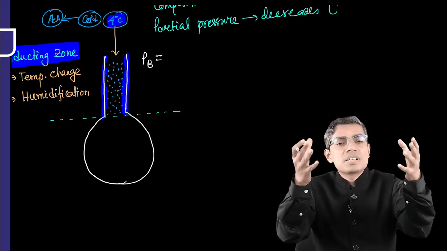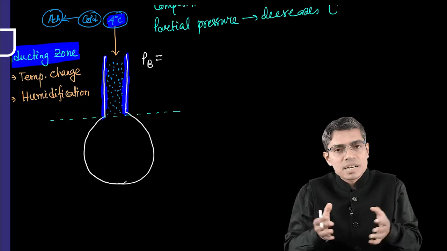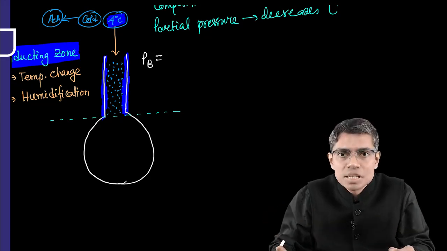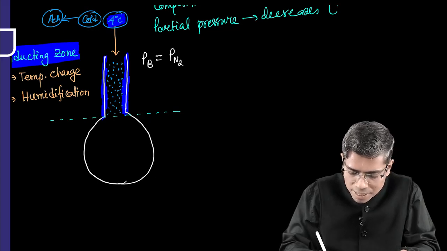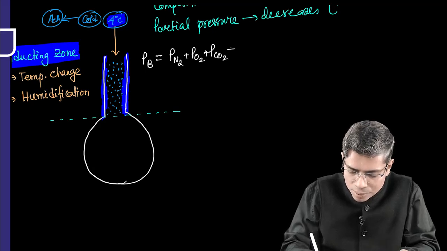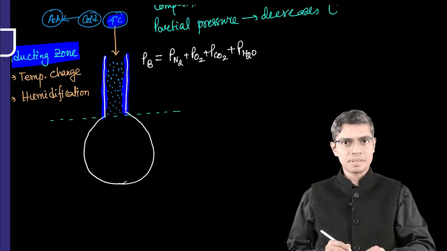If the atmospheric pressure is 760, the same pressure is at the level of the conducting zone. But now the total pressure will be equal to PN2, PO2, PCO2 plus a new gas that has been added, that is PH2O, water vapor, right?